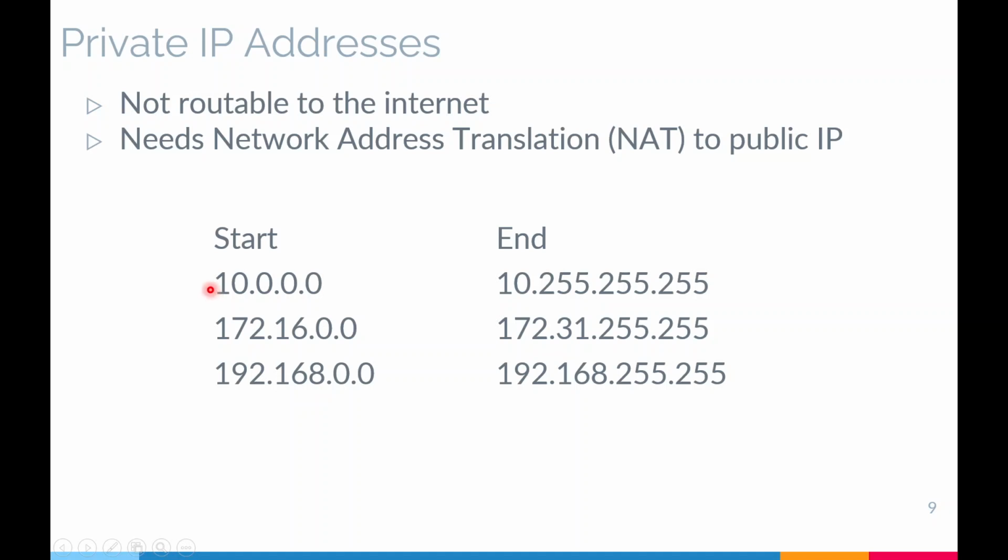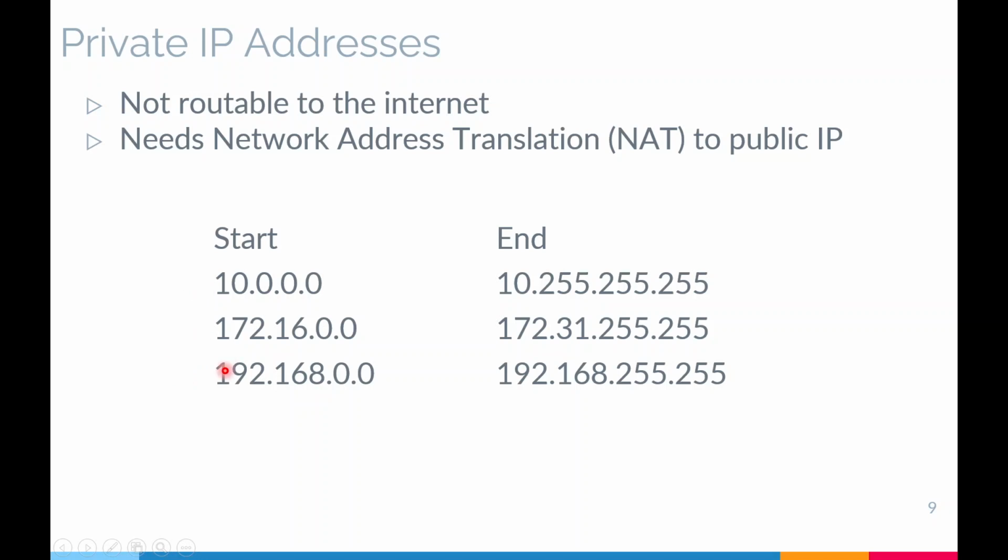All of these IP addresses cannot directly access the internet. They need someone to translate the IP. Even if you check the IP address of your laptop, as long as it's connected to a router, it will have an IP address from one of these classes.